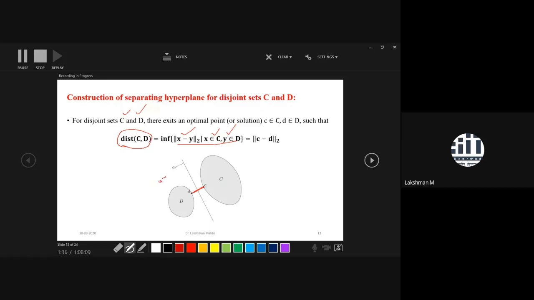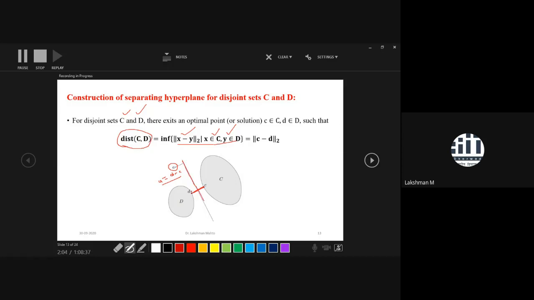Consider c as a reference point, then define a vector a as d minus c. So d minus c gives your normal to the hyperplane, taking a as the normal direction. Then draw a perpendicular bisector to a in order to get a strict separation.